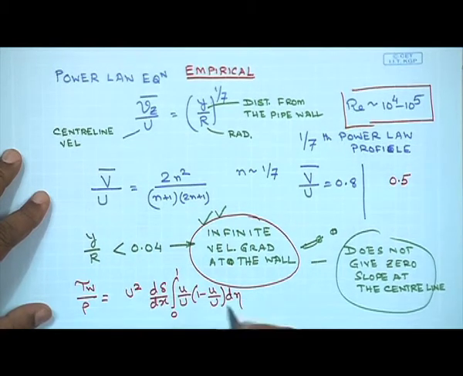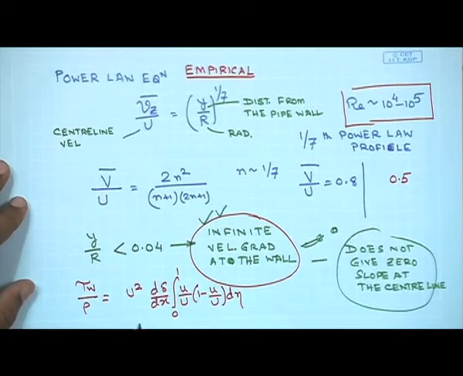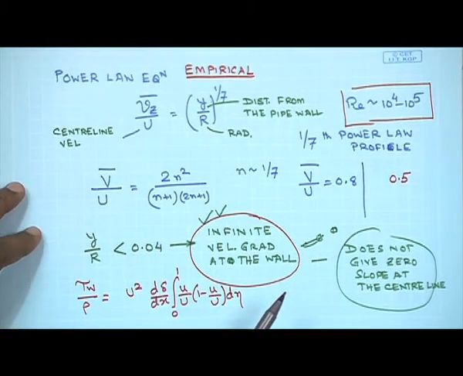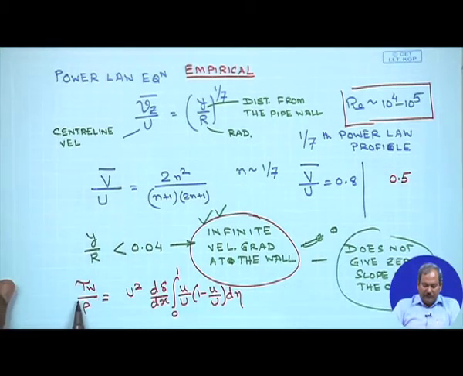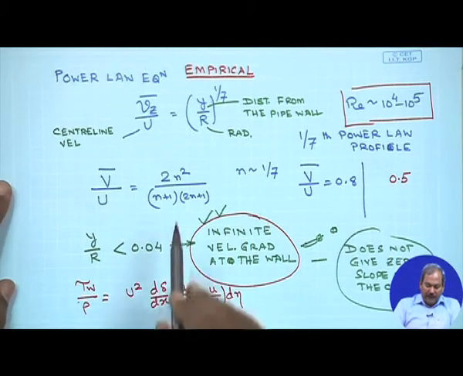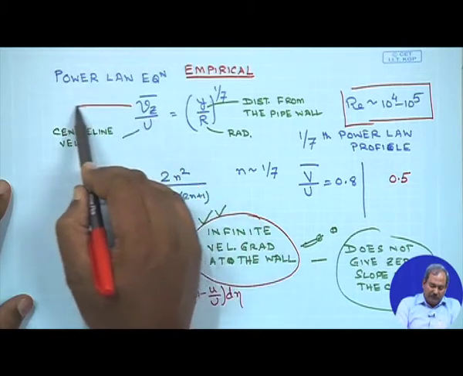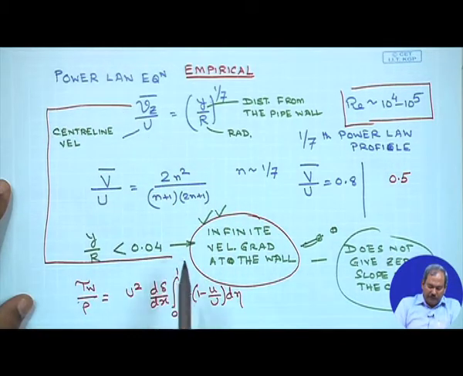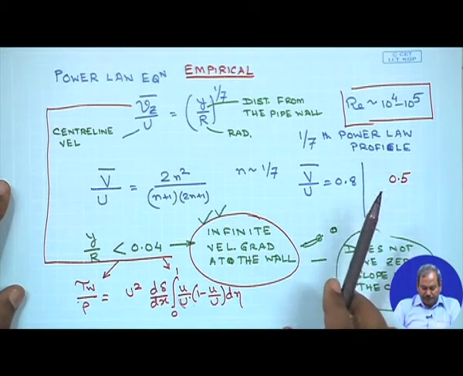Eta varies from 0 to 1. So, if you take the simplest possible form of the momentum integral equation, on the left hand side I have tau w, on the right hand side I have a velocity profile, and here I have a very handy power law equation which can be used to express u by u 1 to be equal to eta to the power 1 by 7, or I can plug it in here in order to obtain the expression for tau w.